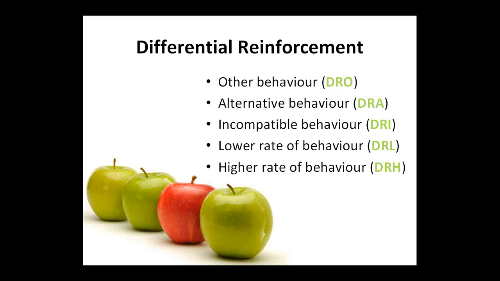Lower rate is often when you see a student using inappropriate behavior, but it's so rare that we want to see that behavior more often, so then we'll implement a reinforcement system. Higher rate, it's often when you see, like, if a child makes noise, we'll do a baseline on a specific time and see how much time the student does it, for example, in half an hour, and that becomes our baseline.